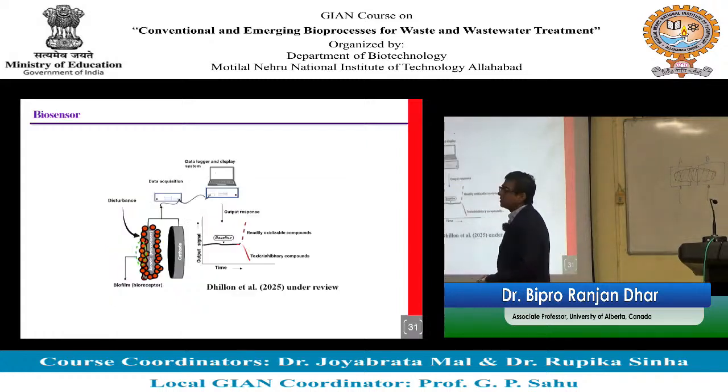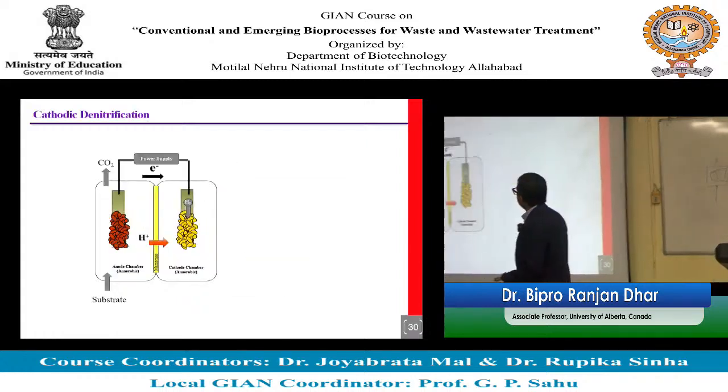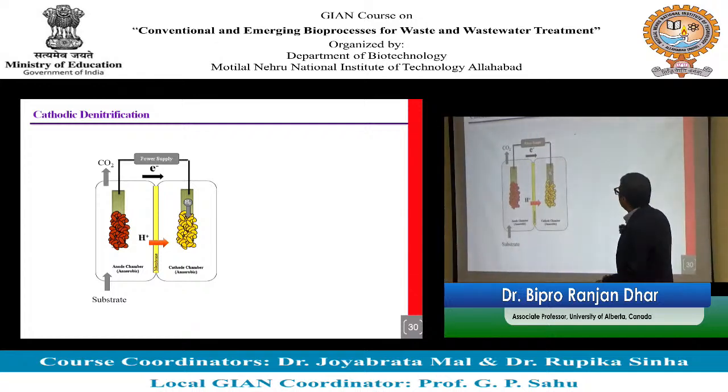Could you explain this again? Here? Yeah. So here it is going to be MEC. You provide a power supply and produce hydrogen, and you add some denitrifying bacteria, which can form a biofilm there.